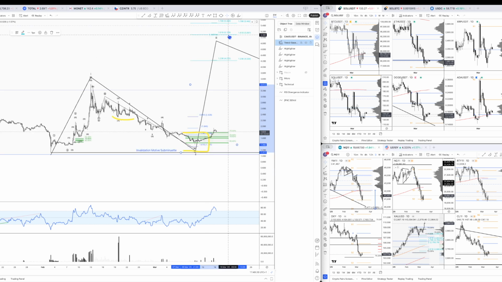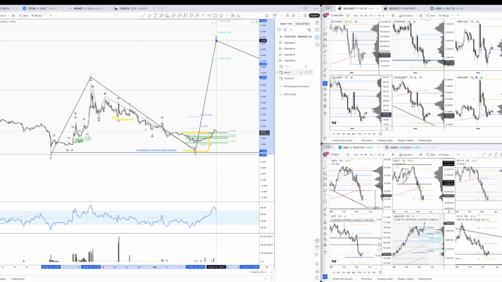I already had it drawn. The 1.618 takes us to $5.10, give or take. So wave 3 could potentially aim at $5 for this 1, 2, 3, 4, 5 to the upside.